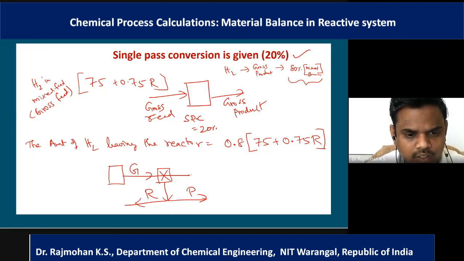This is your gross product that is coming. We have a separator, and we have pure product formed. Yes, the net product is pure product. That means the amount of A in this stream is 0, right?